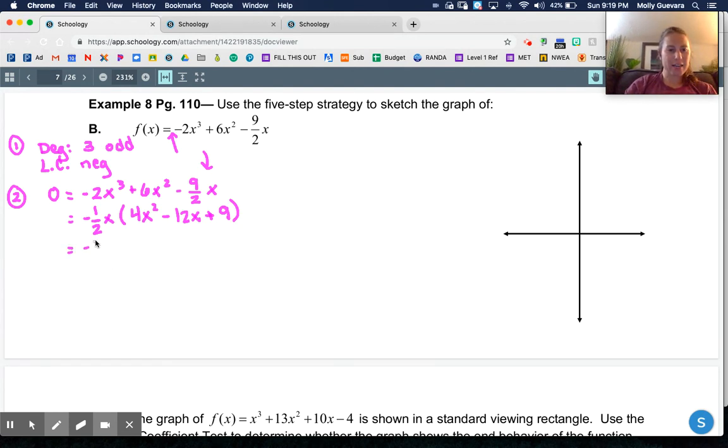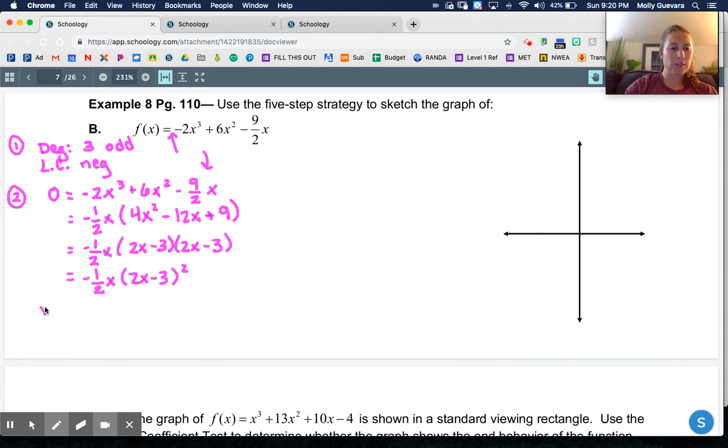And again, because I did algebra 2, I know that this is 2x minus 3, 2x minus 3. And remember that 2x minus 3 times 2x minus 3 is the same thing as 2x minus 3 squared.